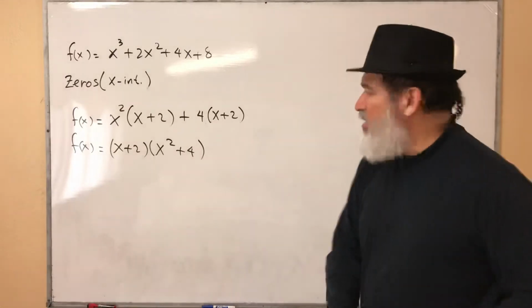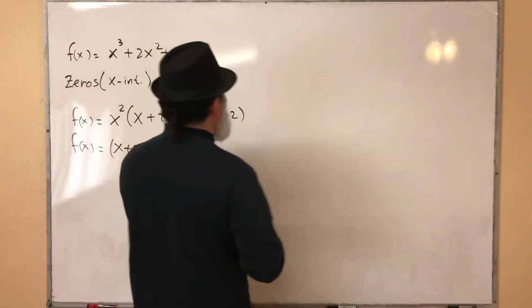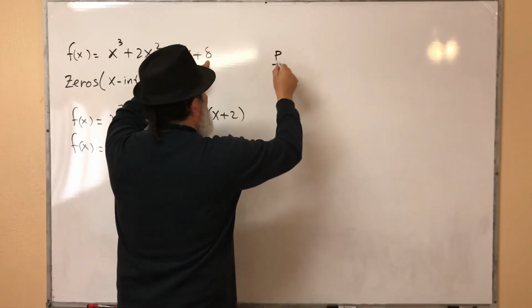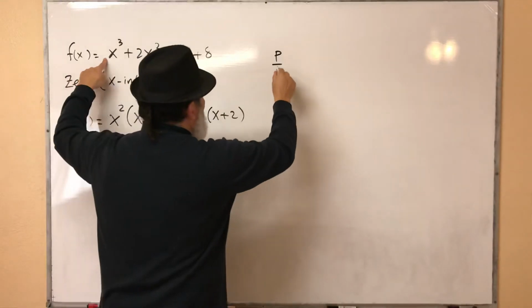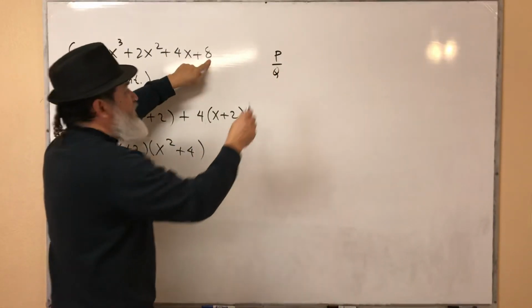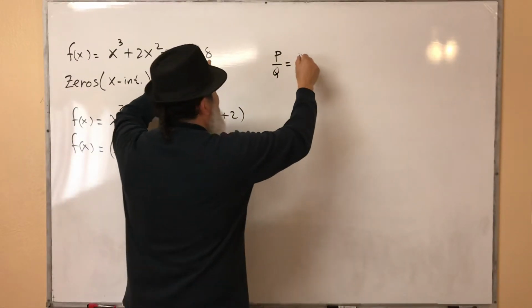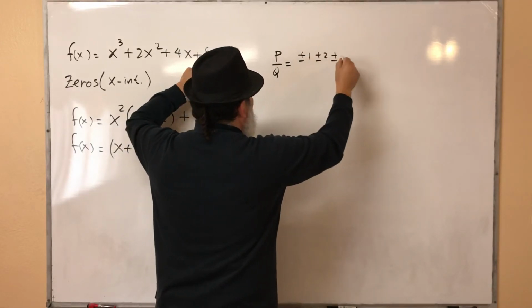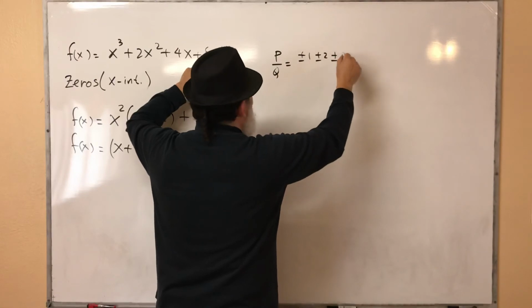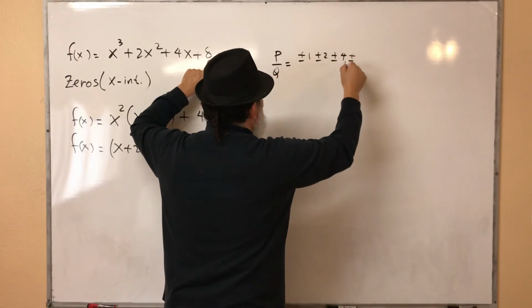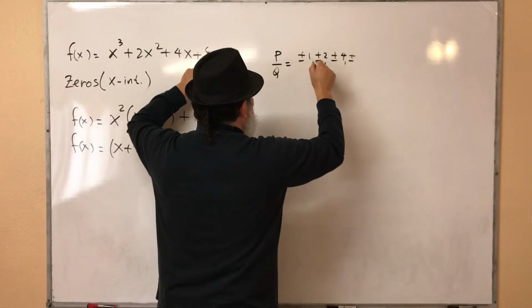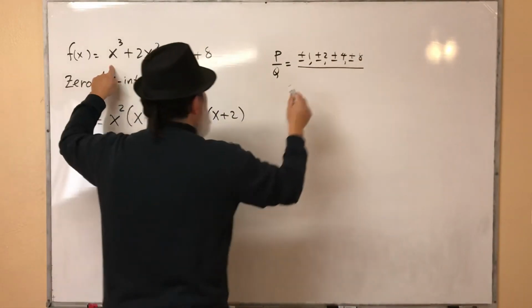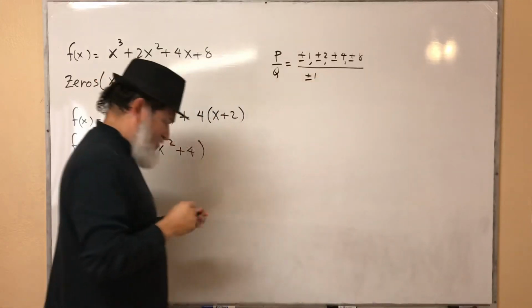That's P and that's Q. What are the factors of P? Plus minus 1, plus minus 2, plus minus 4, plus minus 8. What's Q? Plus minus 1.